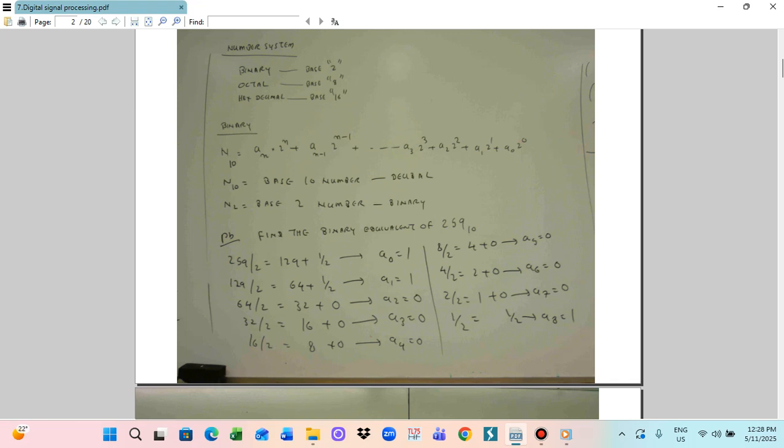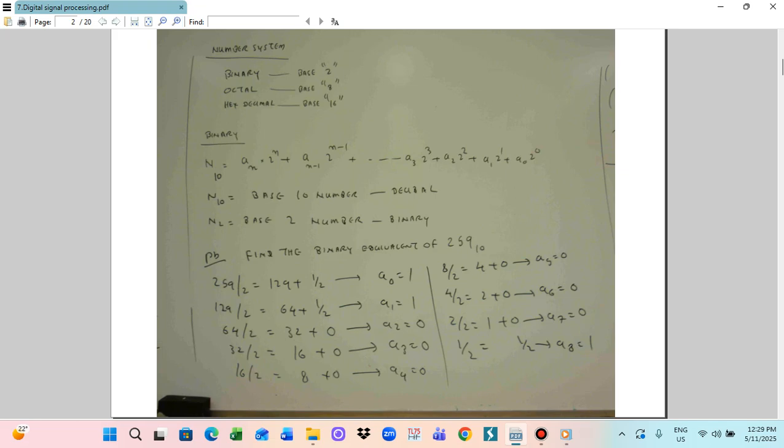Okay, so firstly we talk about the binary number system. So a binary number we can represent, for example, N in base 10, as a_n times 2 to the power n, plus a_(n-1) times 2 to the power n-1, and then going down to a_3 times 2 to the power 3, plus a_2 times 2 to the power 2, plus a_1 times 2 to the power 1, plus a_0 times 2 to the power 0.